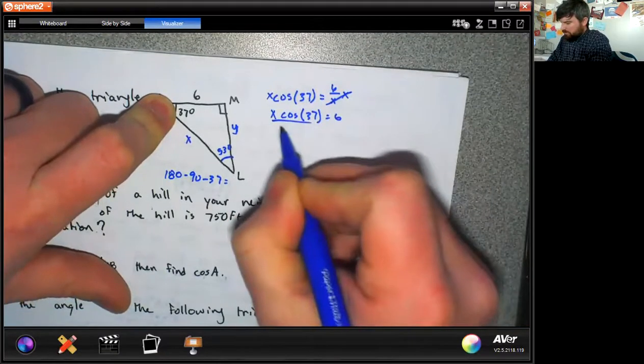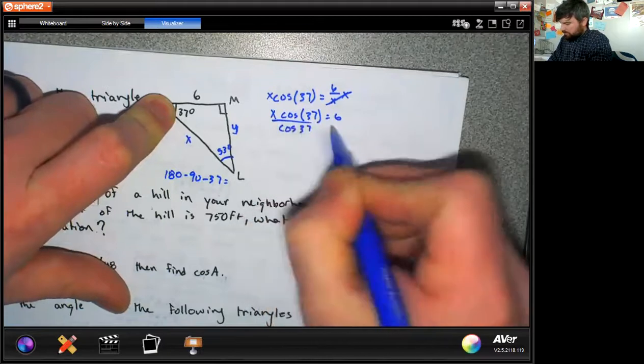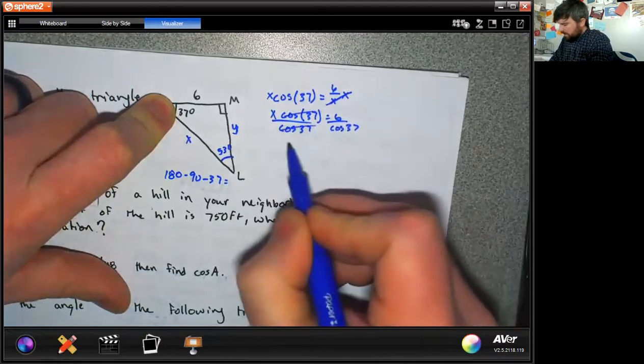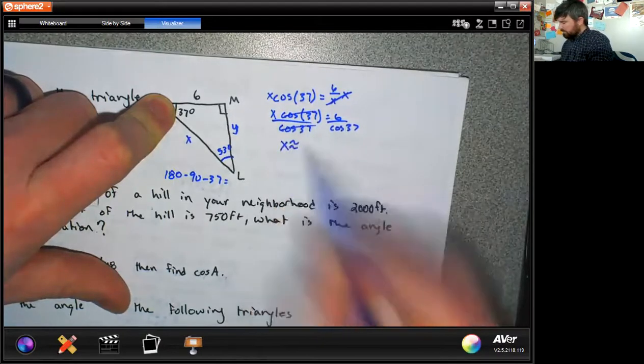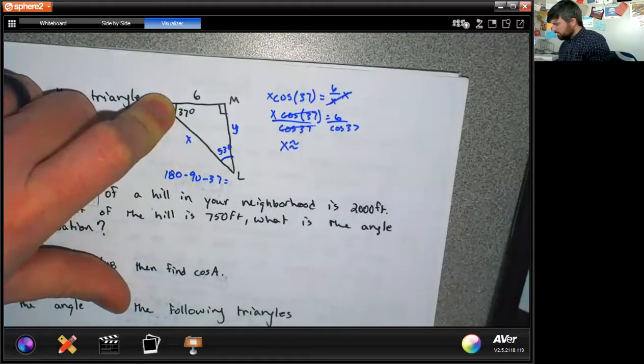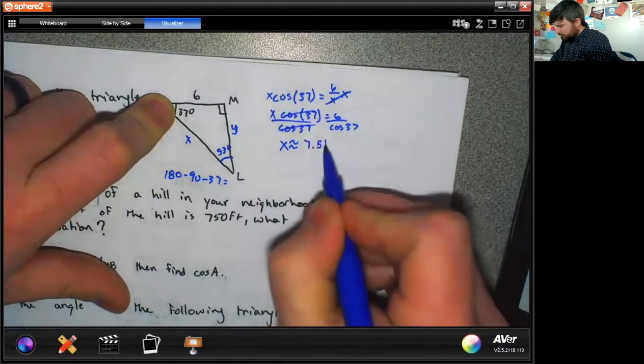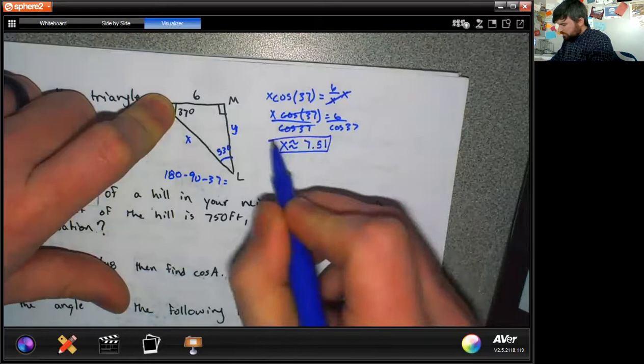And we'll divide by cosine of 37. So X is about 6 divided by cosine of 37, 7.51. Okay, there's one side.